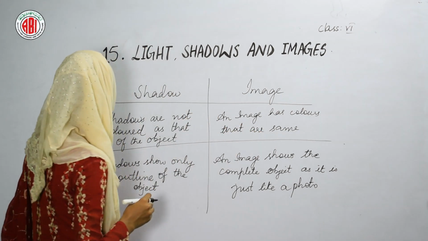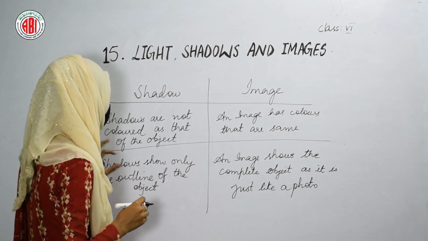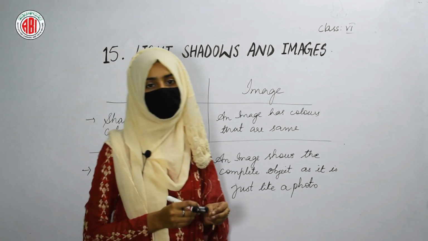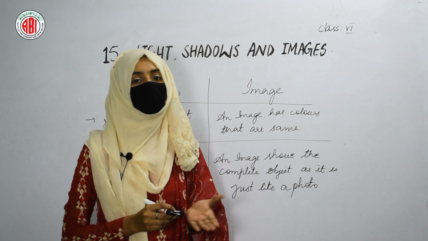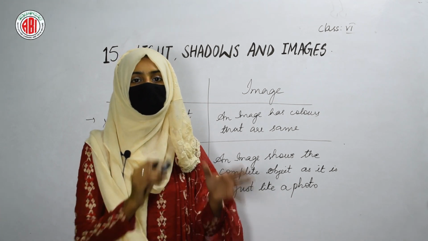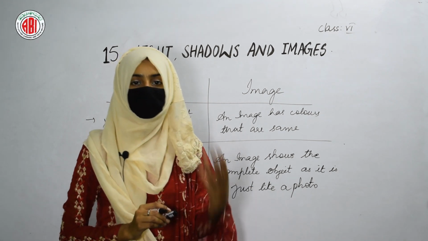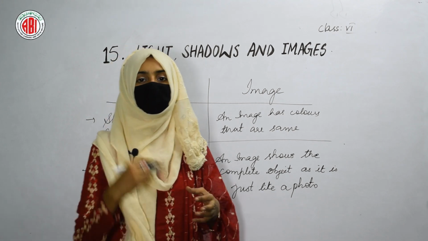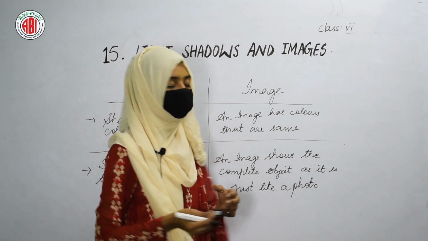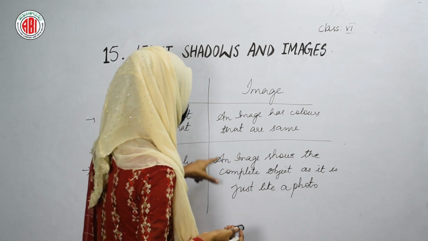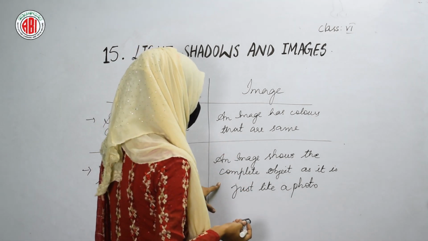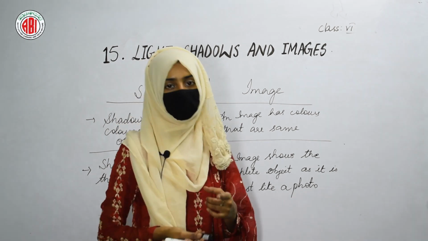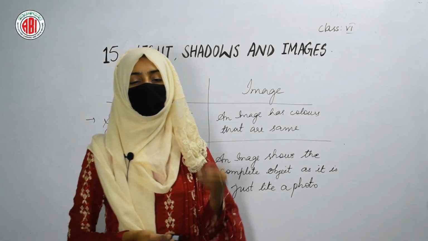The next difference is that shadows show only the outline of the object. When you look at the shadows, they show the outline of the object. They do not show the clear shape, the clear picture of the object. It will only show the outline of an object, but an image shows the complete object as it is, just like a photo. So an image is nothing but a photo of an object.